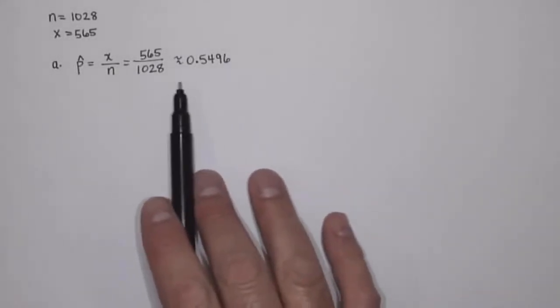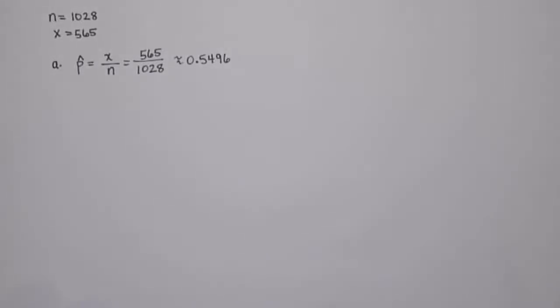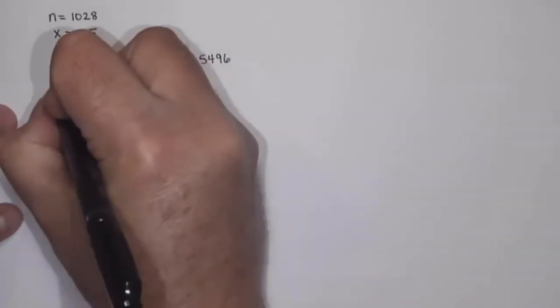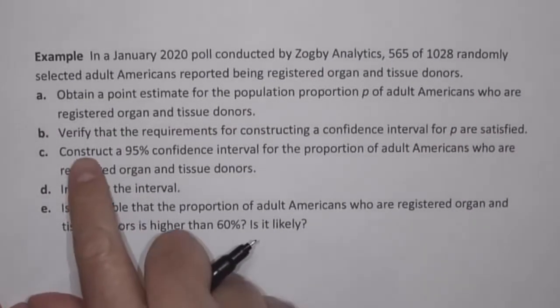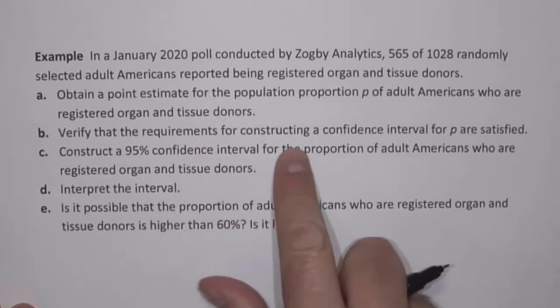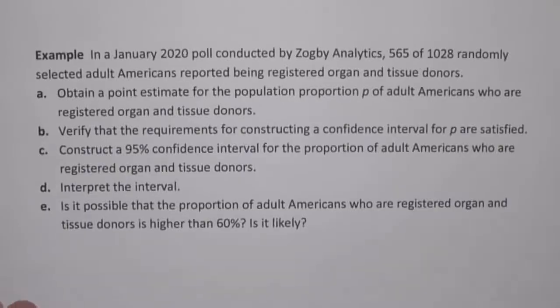But we want to find a confidence interval for the true proportion, and that's what we're asked to do in Part C. But before we can do that, we need to make sure that we're able to do that. So, question B, if I bring that back in, we're supposed to verify that the requirements for constructing a confidence interval for the population proportion are satisfied.